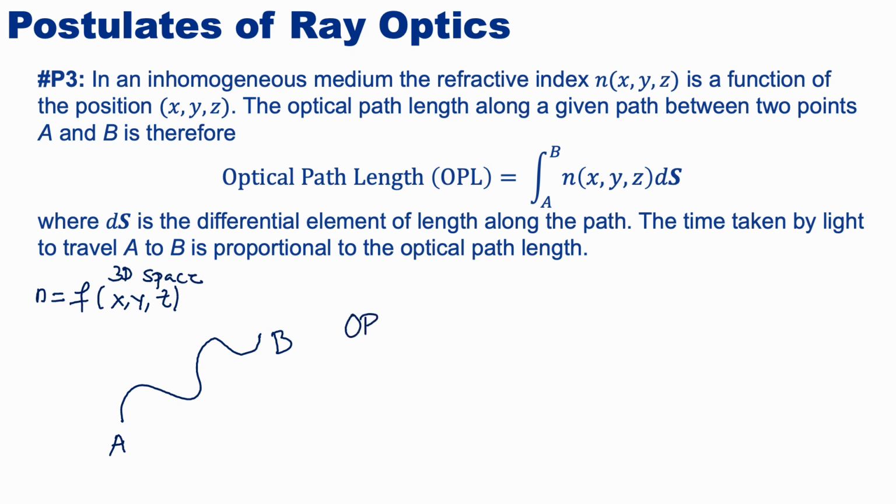We define the optical path length as the integral along the path from A to B of the product of the refractive index, which, remember, is a function of space, and the differential element of length along the path.